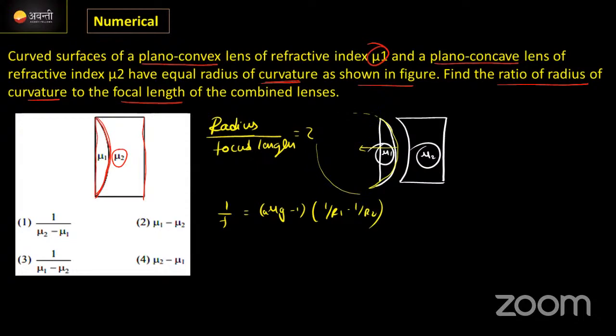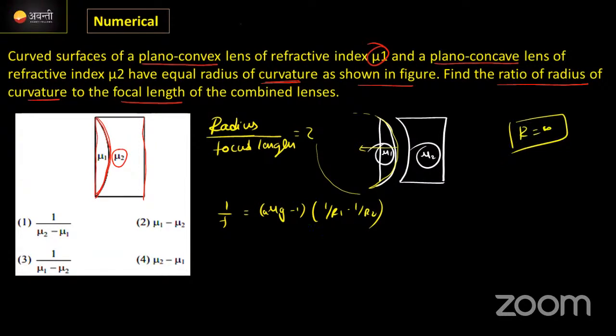But what about this plane? What is the focal length of a plane? Is there any limited one? No. Correct? That day only I told you. Actually, its radius is infinity, or else we can say the focal length will be infinity.